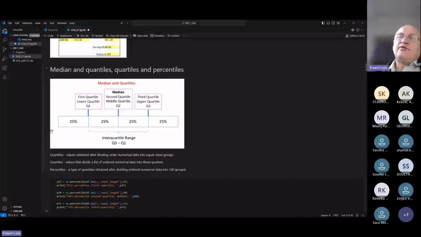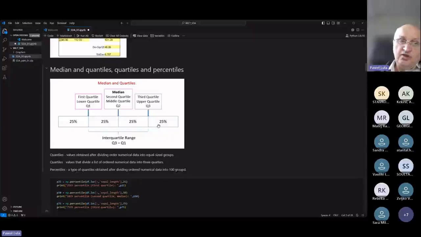So if I have 150 objects, I should divide this list into 2 halves. So I have 75 here and 75 here. And every half, I should divide into 2 equal parts. In every part, I should have 37 or 38 elements.